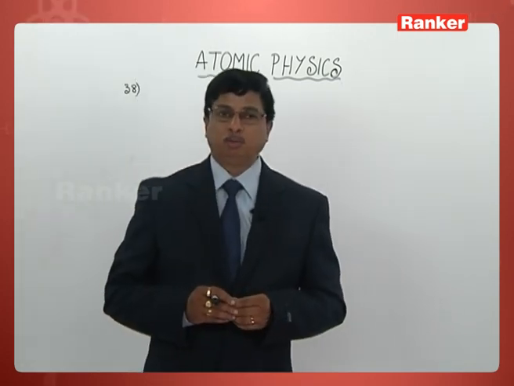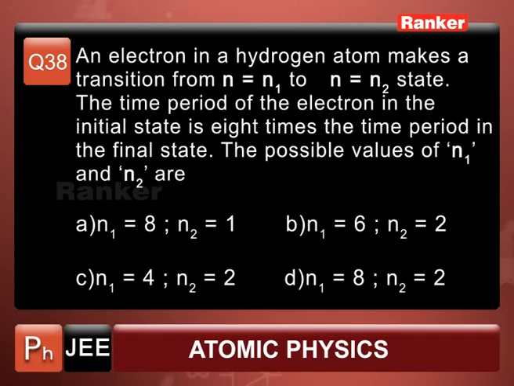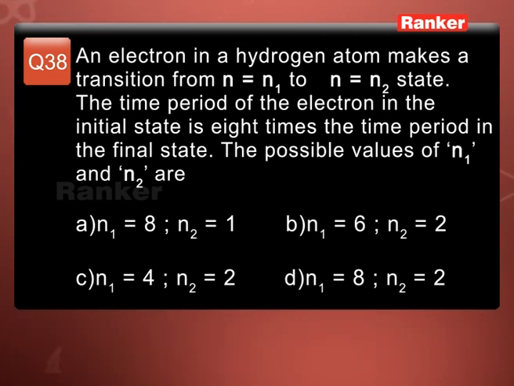Switch over to problem number 38 now. An electron in a hydrogen atom makes a transition from n is equal to n1 to n is equal to n2 state. The time period of the electron in the initial state is 8 times the time period in the final state.